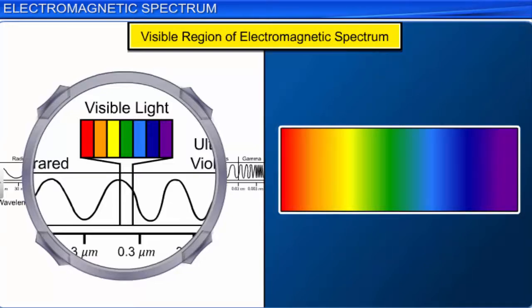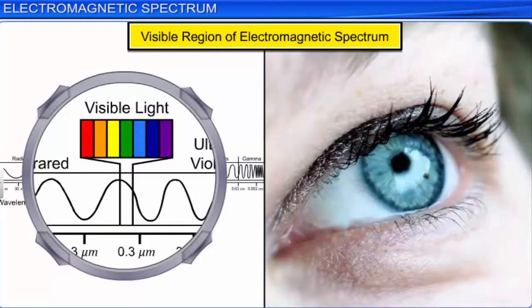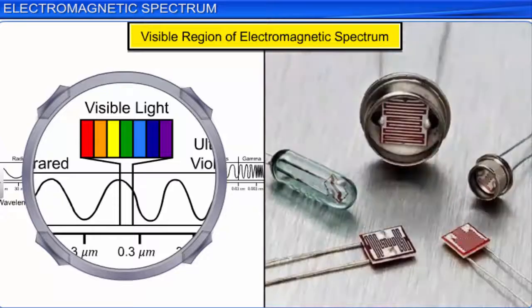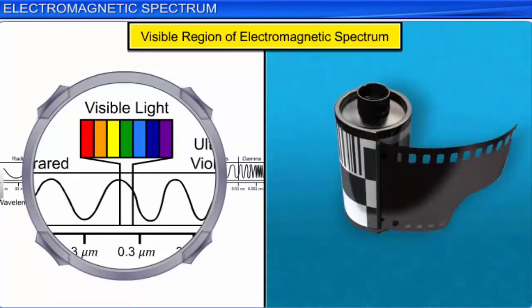For example, sodium has atomic spectra in the yellow region of the visible spectrum. The human eye, photocells, and photographic film can detect the visible region of the spectrum. Visible light, which is emitted or absorbed by bodies around us, provides information about the world around us.